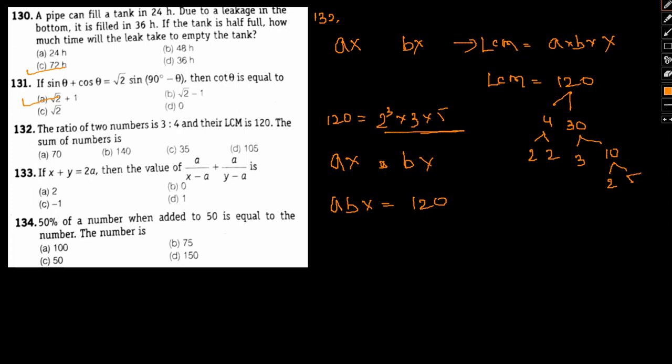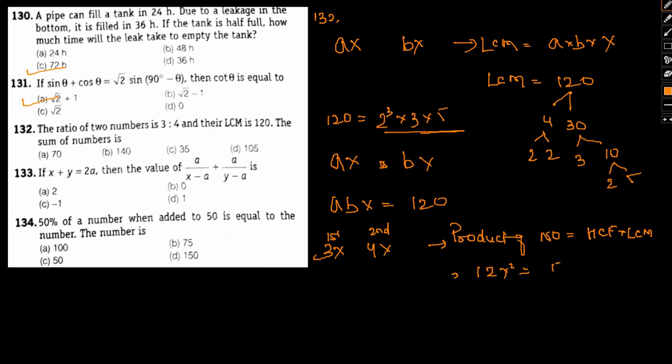Let us take both the numbers to be 3x and 4x. Say the first number is 3x and the second number is 4x. Now we know the product of the numbers will be equal to HCF into LCM. So therefore 12x square will be equal to 120 into x, where the HCF in this case will simply be equal to x.